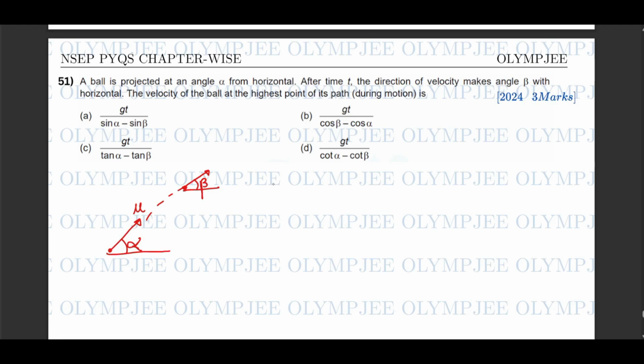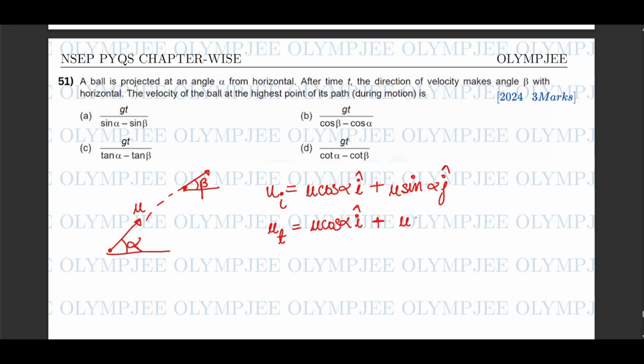So initially the initial velocity is u cos alpha i cap plus u sin alpha j cap, and at time t, u cos alpha will remain the same because there is no force in the x direction.